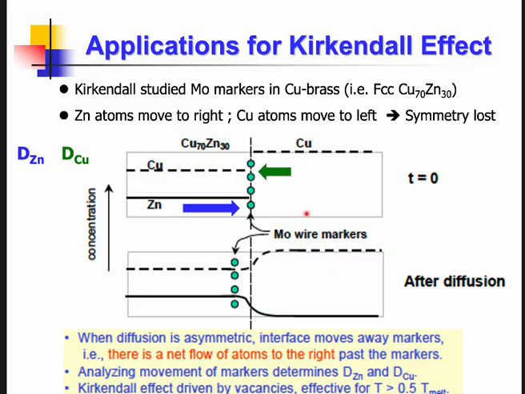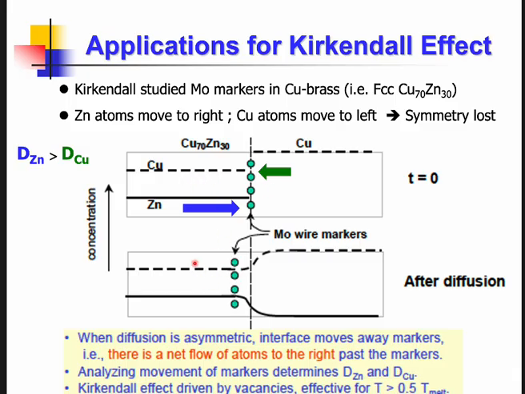But in the beginning, we have no idea which flux is larger. After a while, we visualize the marker move to the left-hand side. It implies that the flux of zinc is larger than the flux of copper. That will lead to more zinc on your right-hand side and push this marker toward the left-hand side, and the vacancy flux also goes to the left-hand side.